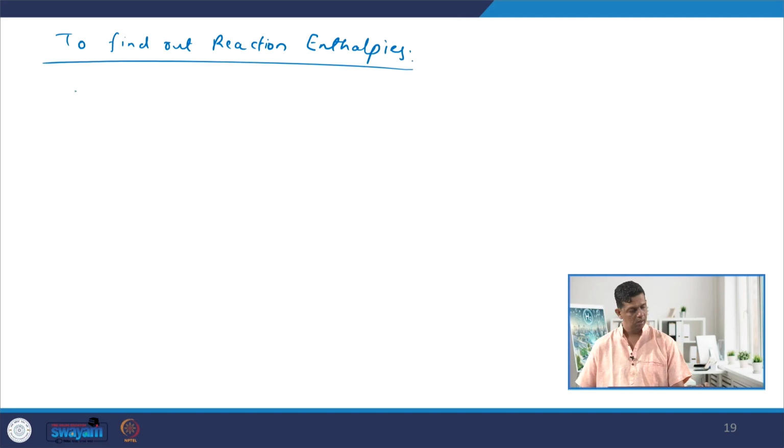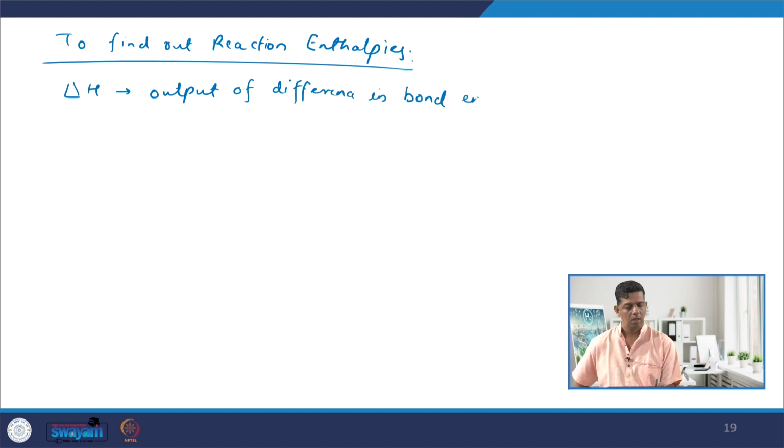Right. So, let us first write delta H is basically an output of the difference in the bond energy.